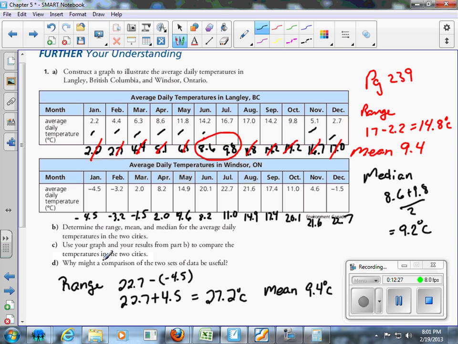Now we also need to find our median temperature. So same steps, take one off each side. And now again I'm left with 2 in the middle, as we should expect.